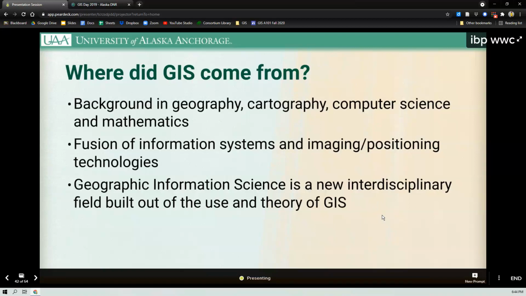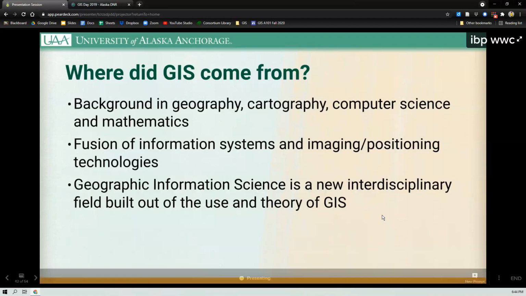So GIS was developed kind of in conjunction with cartography systems, but has also developed out of those, and then pulling into the more recent fields of computer science that have made this all possible.